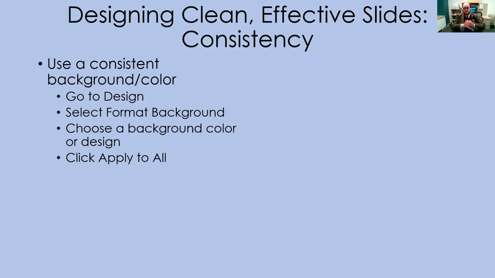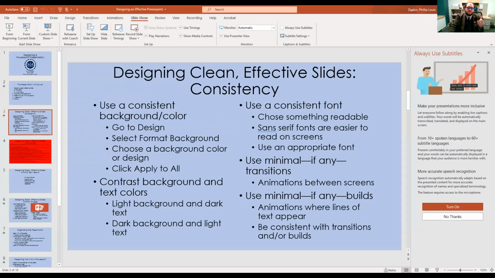Now, the layout of your slides may vary. That's totally fine. But some of the things that you want to do, you want to use a consistent background color. Now, I am actually going to show you how to do this. If you're using actual PowerPoint as opposed to Google Slides or something like that, Google Slides I don't use, so I'm not as familiar with it.